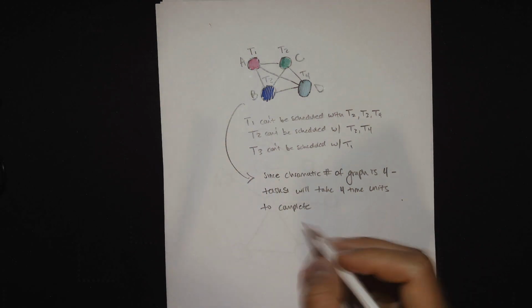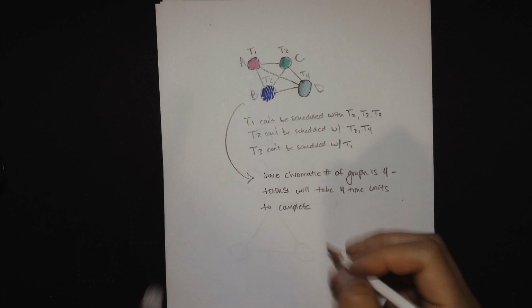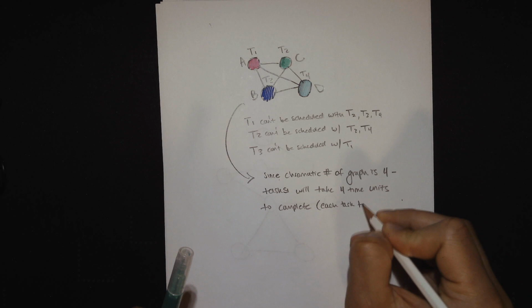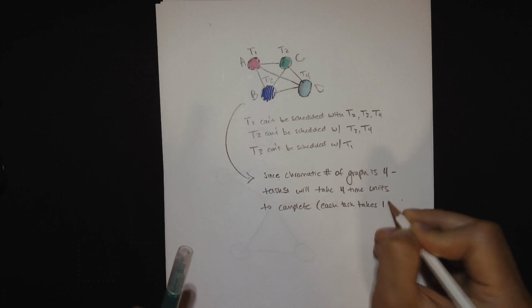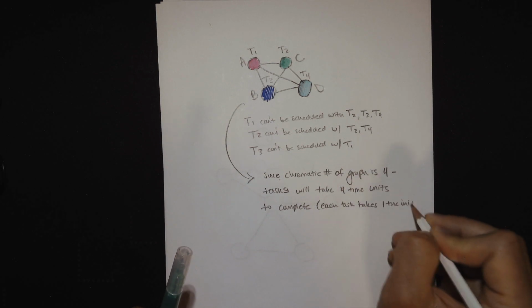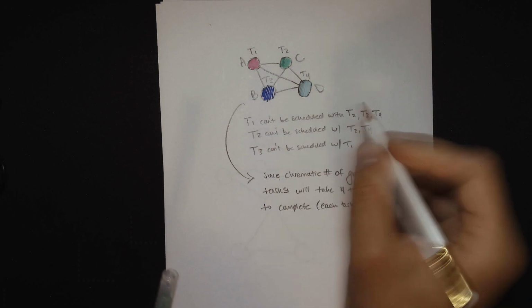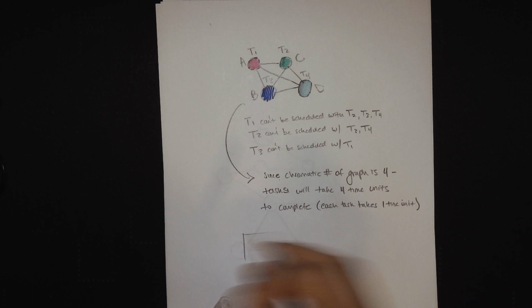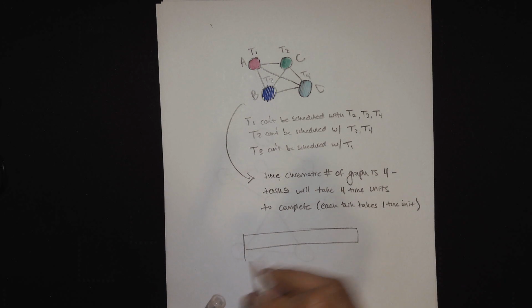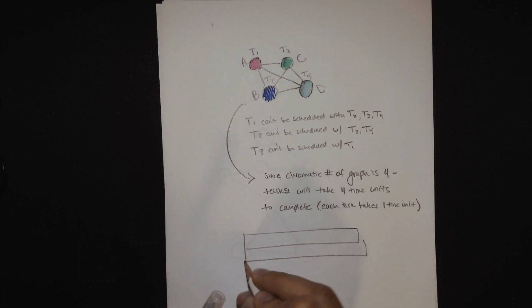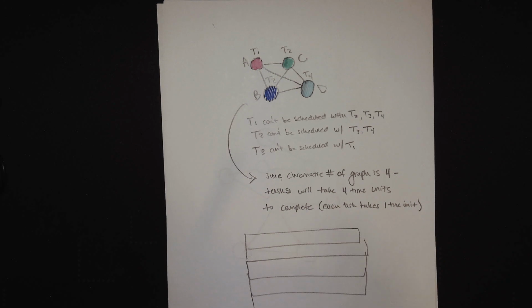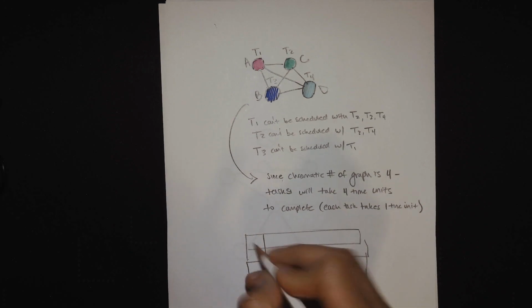By complete, we mean complete all of them, right? Each task takes 1 time unit. And this makes sense, right? If you have these 4 tasks and none of them can be scheduled at the same time, it doesn't matter how many processors you have to schedule these tasks, right? Okay? So we had 5 or something, right?